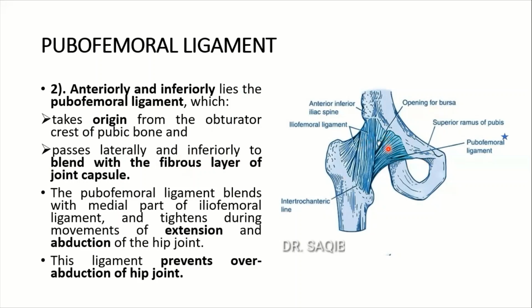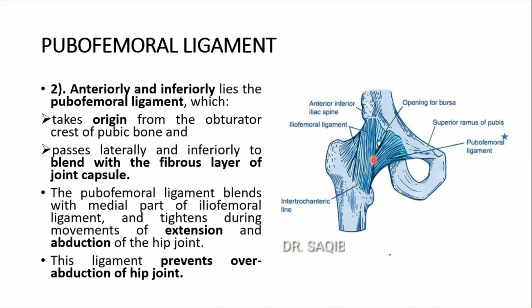This ligament blends with the medial part of the iliofemoral ligament and tightens during extension and abduction of the hip joint. So it prevents over abduction.